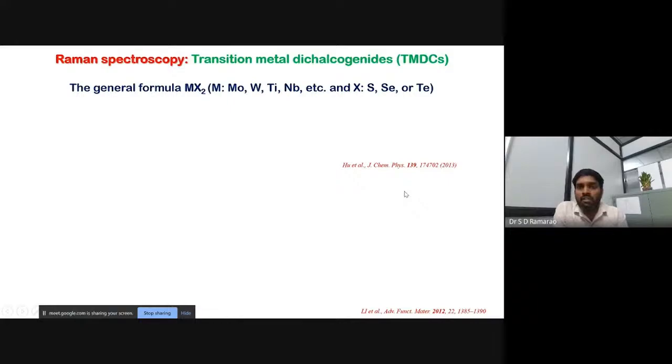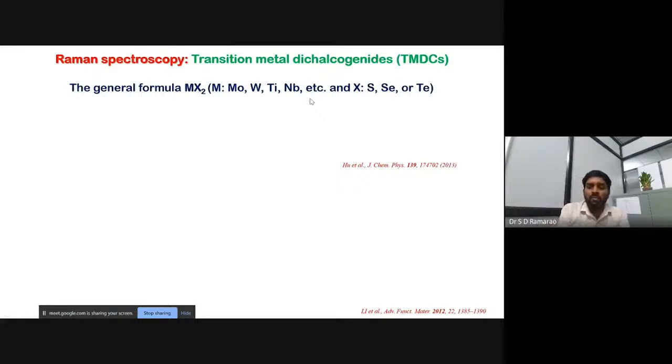The main advantage is that you can tune the structure so that you can make them metallic, semi-metallic or semiconducting. That is not the case for graphene. That's why those who are working on electronic devices started working on transition metal dichalcogenides for those applications.